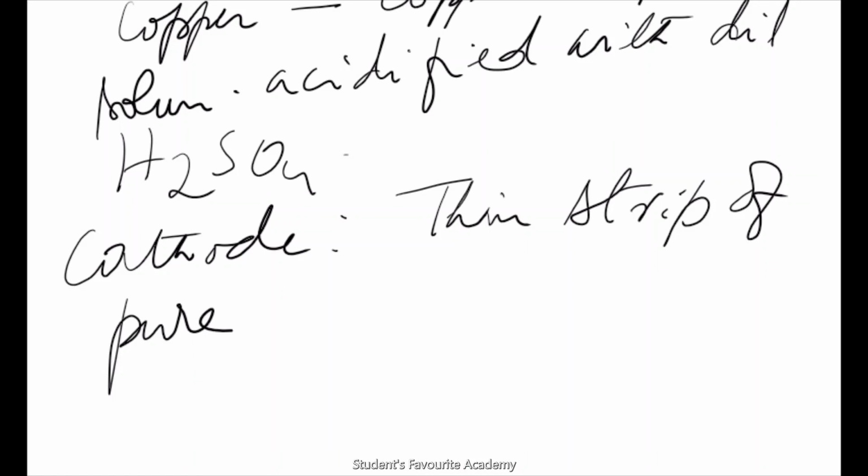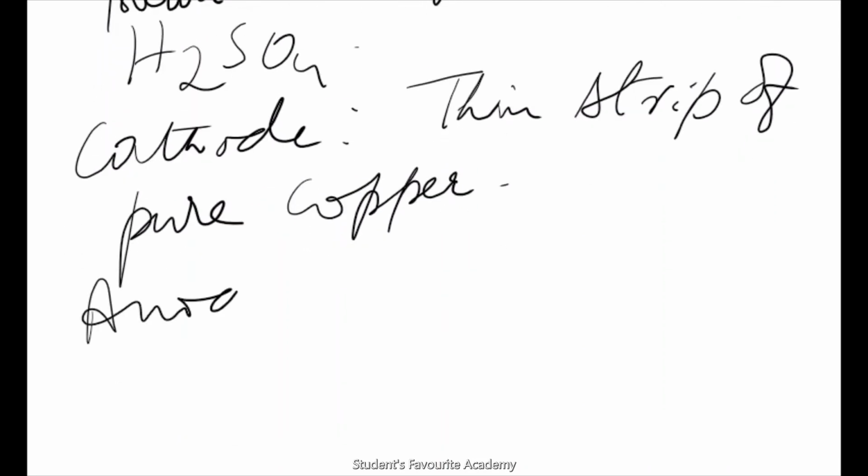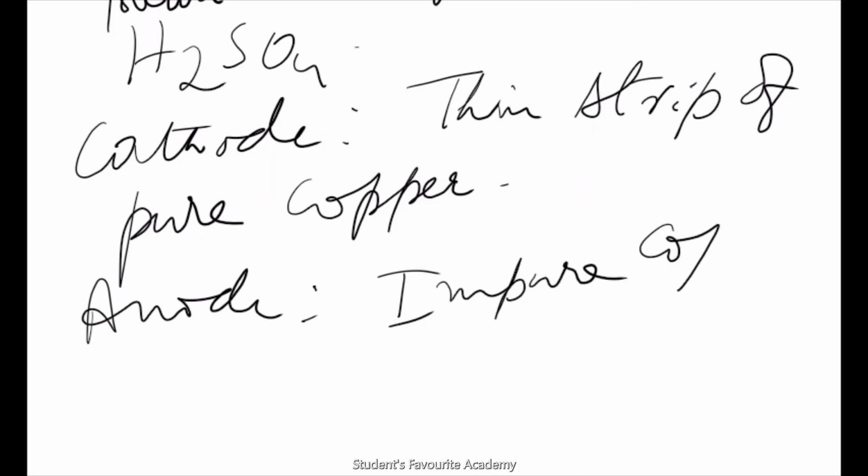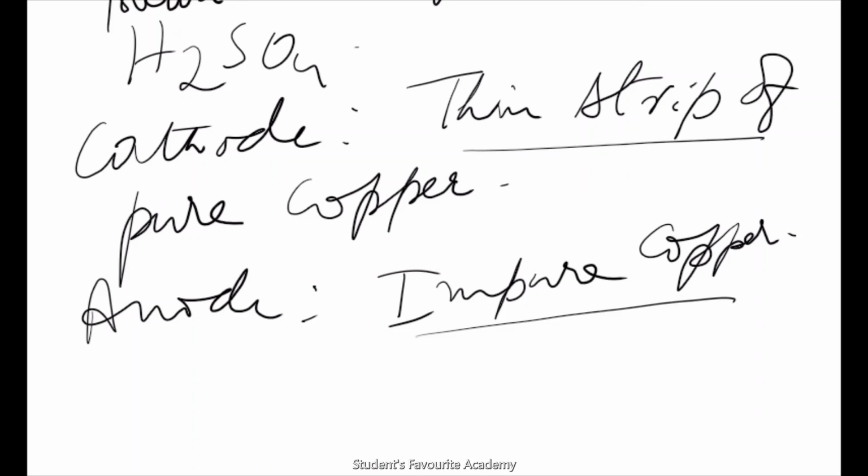At the end of the electrolysis, this thin strip of copper becomes thick with the deposition of more and more copper ions from the anode, and the anode is the impure copper that needs to be purified. So copper ions from this impure copper migrate to the cathode and get deposited on the thin strip of pure copper. The copper cathode, which in the beginning is a thin sheet, becomes thicker and thicker during the process of electrolysis.